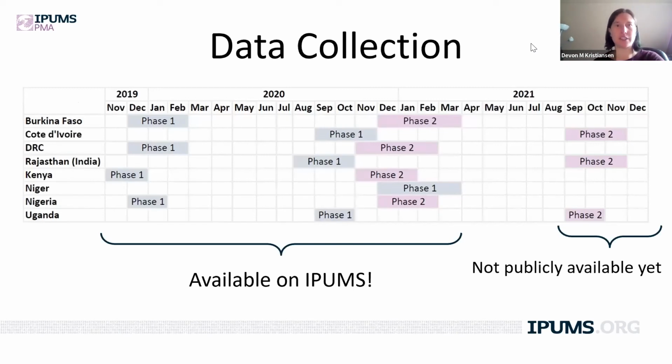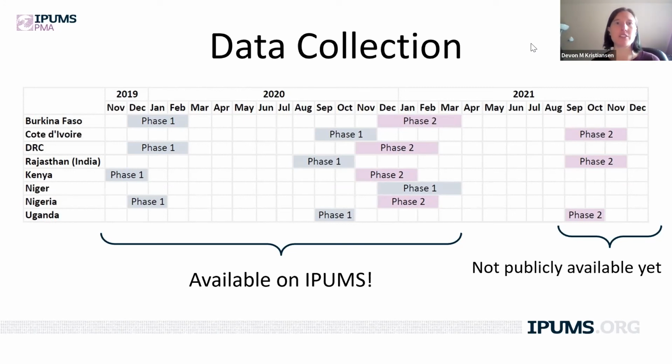So this is a figure that shows the data collection that has already occurred. There are some phase 3 surveys that have just recently been conducted, but not enough space on this page for that quite yet. But they're also not on this diagram because they're not yet publicly available.